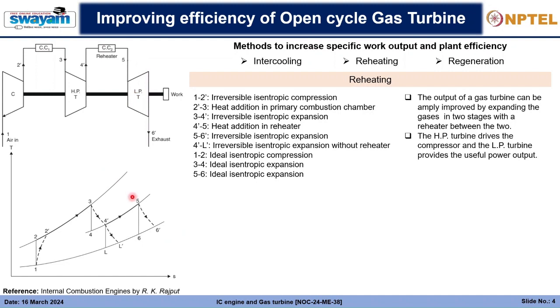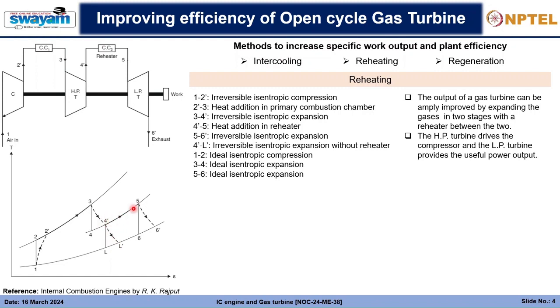The thing here is that we know that while moving towards the right side of the entropy curve, the pressure lines diverge. So suppose we had only one turbine unit, and the turbine would have expanded the gas from point 3 directly to the lower pressure, so point 3 to L dash, then this would have been the temperature difference in the lower section.